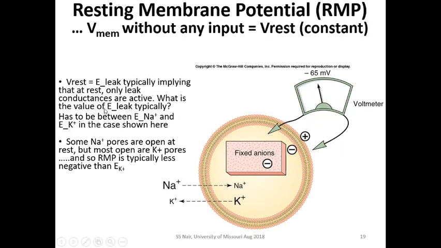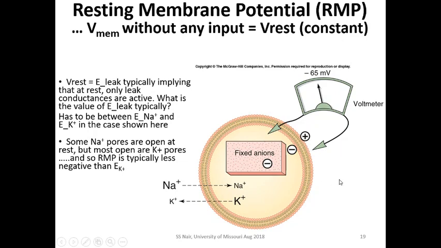What is the value of E leak typically? If you notice from the previous math, this has to be between ENa and EK. ENa, the Nernst potential of sodium, is typically 55 millivolts, and the Nernst potential for potassium is close to minus 80 or minus 90 millivolts. So if you have a cell with only sodium and potassium ions, the rest potential will be roughly minus 65, in that range.